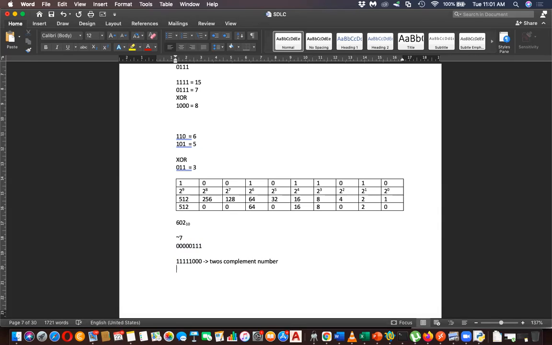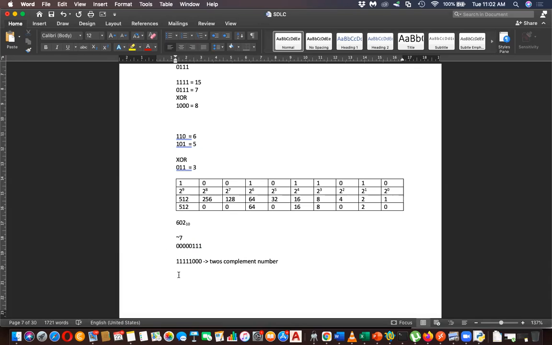If it is a 2's complement number, how do you convert it to a normal number? You invert and add 1.